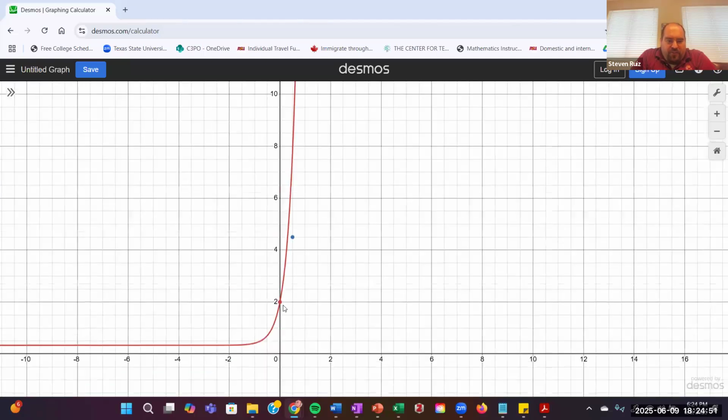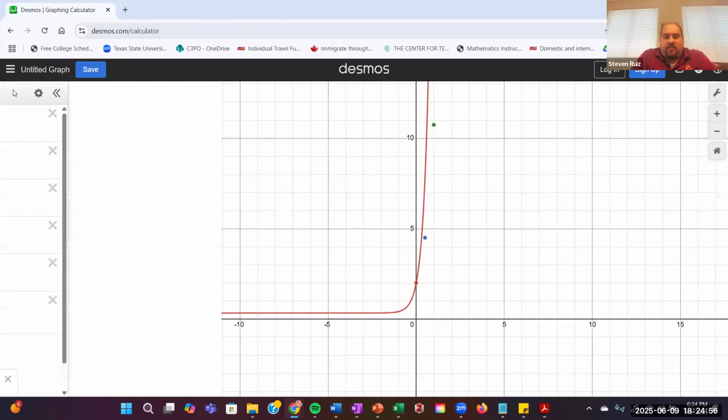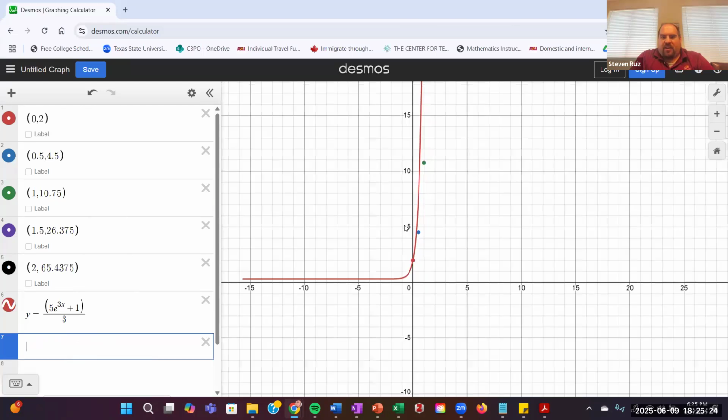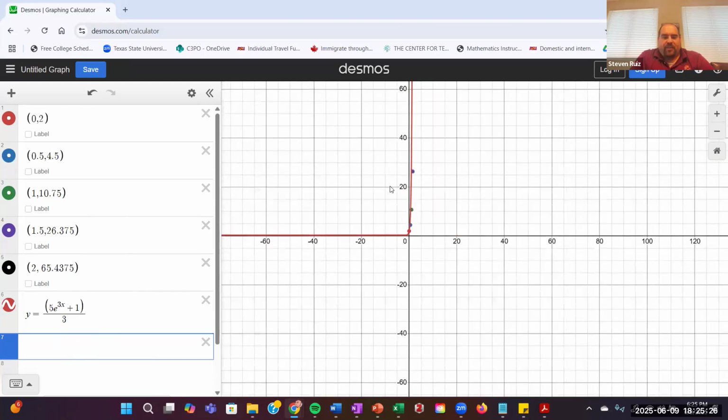So we started from that initial point. Actually, I was going to put line segments between all the dots, but I don't know how necessary that is.